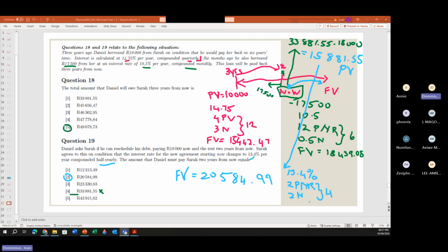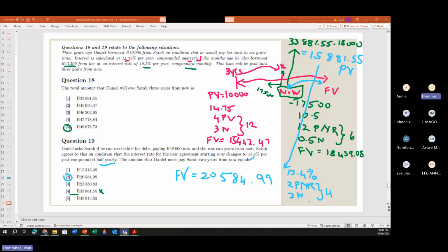Okay, so that is really a lot of work, where I originally just wanted to use the 49 and nearly work backwards. What you need to do in this instance is look at that information that they gave us about the 10,000 and the 17,500.